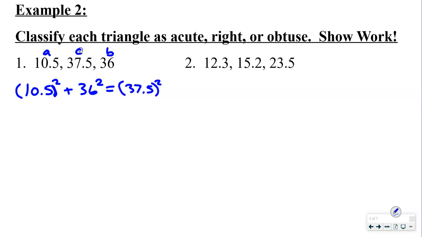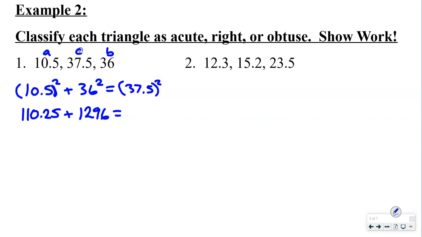So 10.5 squared gives us 110.25. Do not round these decimals. You must leave decimals as they are. Plus 36 squared is 1,296.